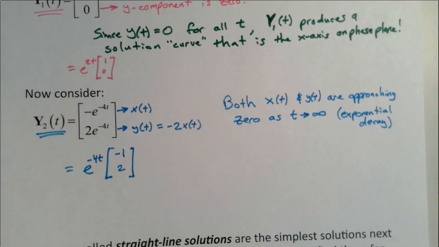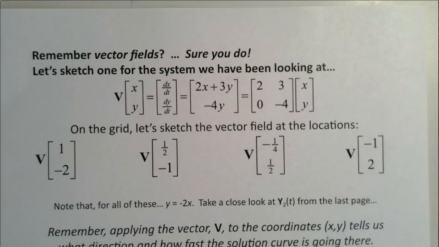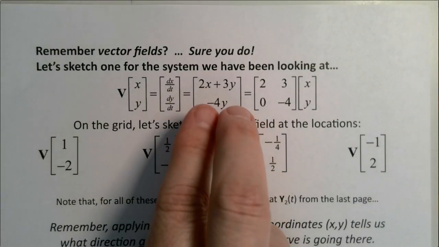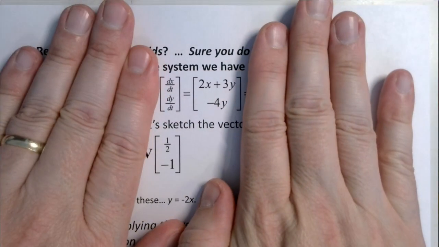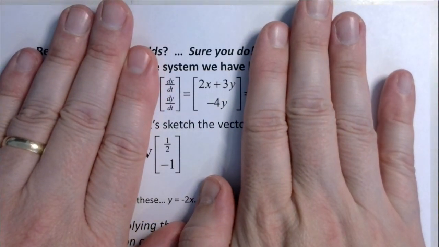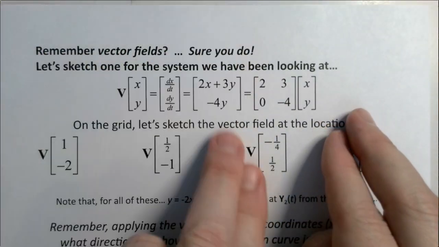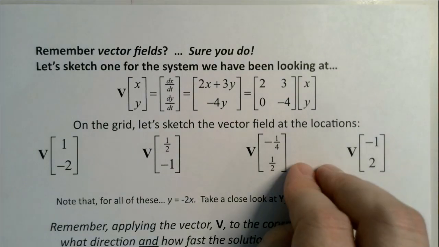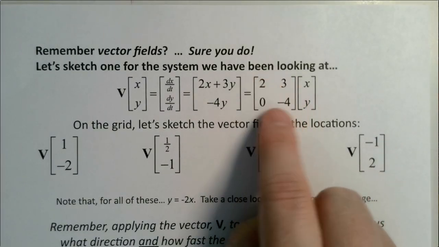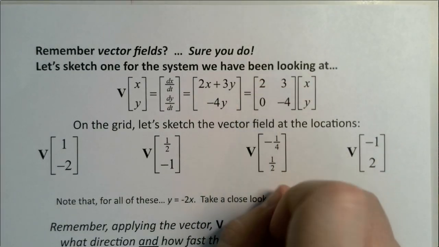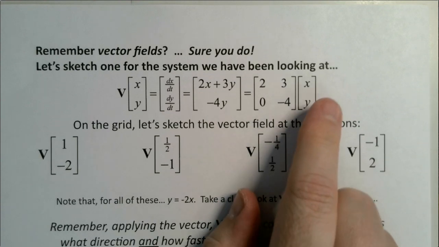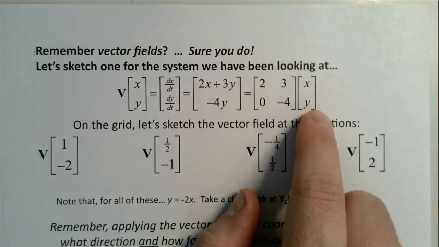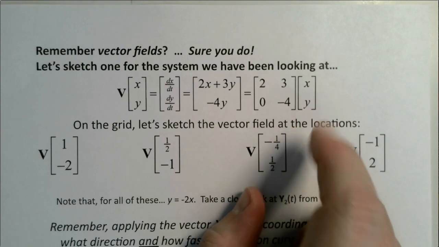So on the next page, we're going to push on that a little bit with this idea of vector fields. Our system, which is really this system of differential equations right here, can be written in matrix form, right? It can look something like this. And the vector field for this is really just telling us that if you give me any x and y coordinate, I'll tell you what direction and how long that vector is pointing on the field.